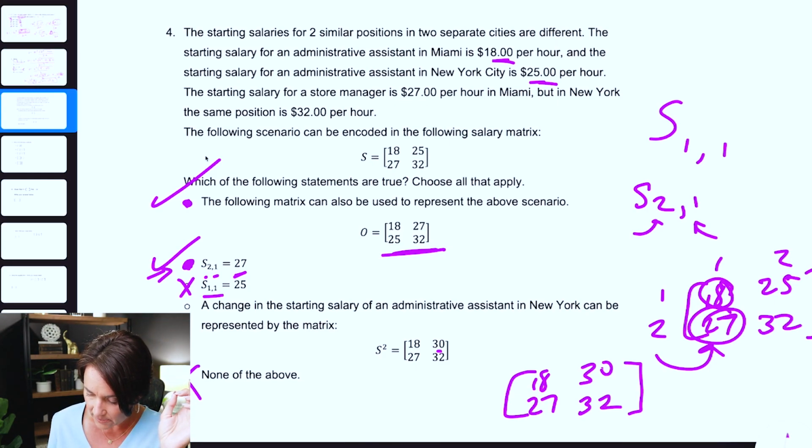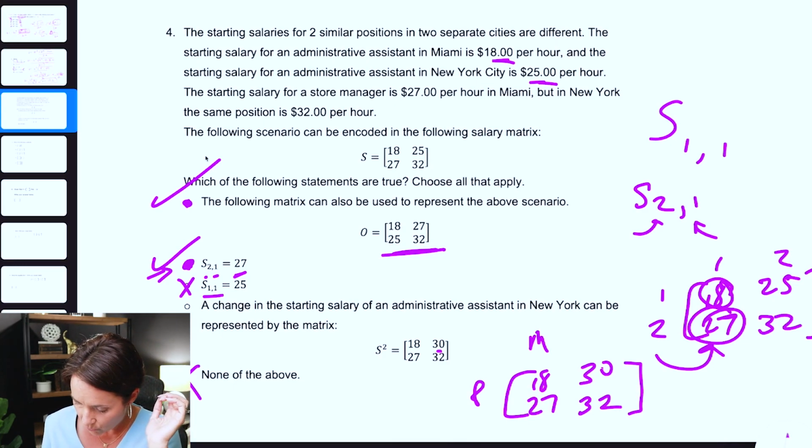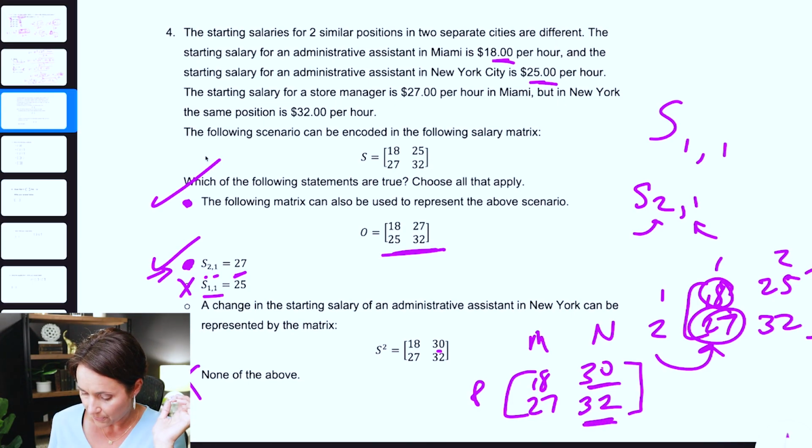So we've got the positions here and the city here. And then we have New York here, which should have been $25 an hour. And this was $32 an hour.